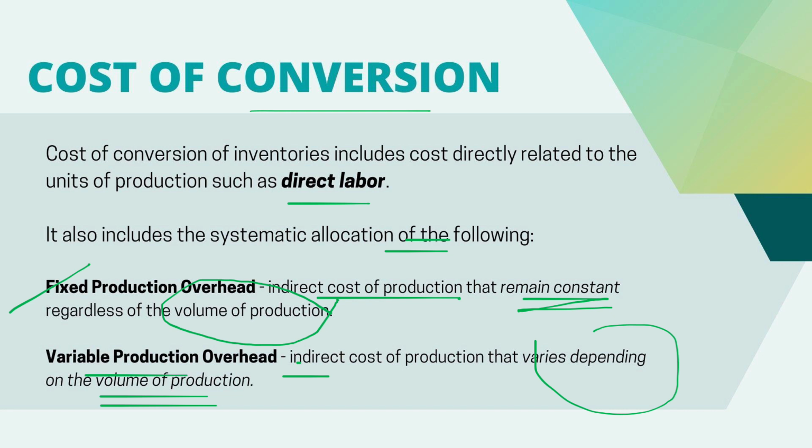So, dito, pag sinabi mong fixed, ang kanyang fixed production rate, it varies, pero yung total amount, constant siya. Sa variable naman, yung variable production rate niya is fixed, pero ang total amount niya, it varies depending doon sa volume or dami ng napoproduce.